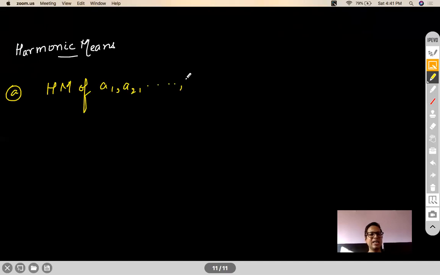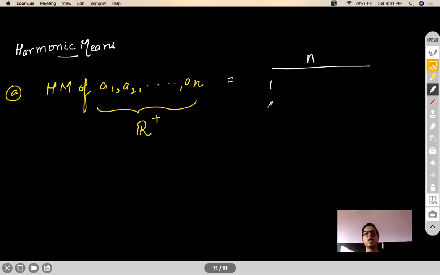Again, for the purpose of explanation, please remember these quantities will be taken as positive quantities. So harmonic mean of these numbers is basically nothing but n divided by the sum of the reciprocals of these numbers. So this is how the harmonic mean of n numbers is defined.